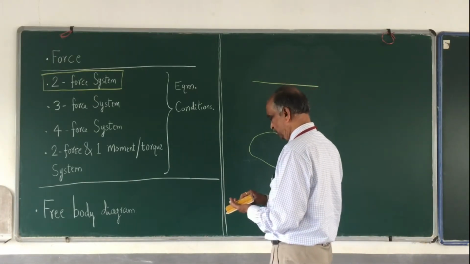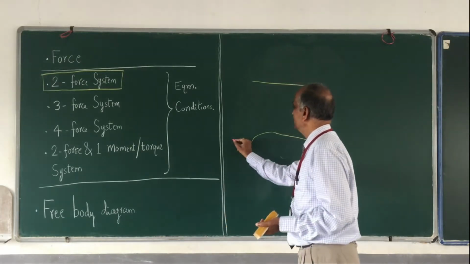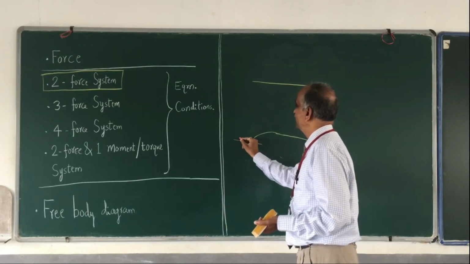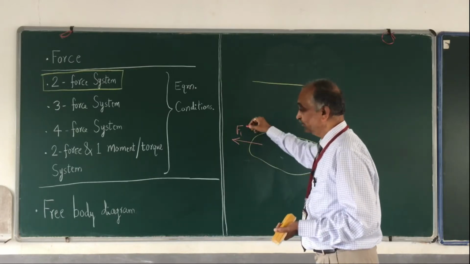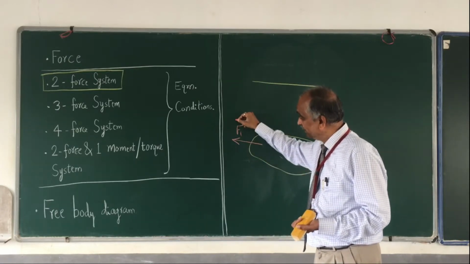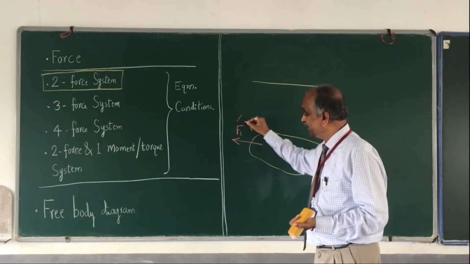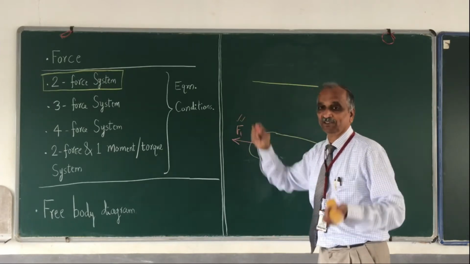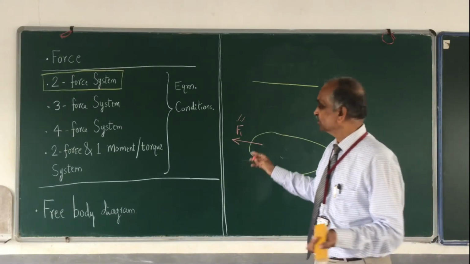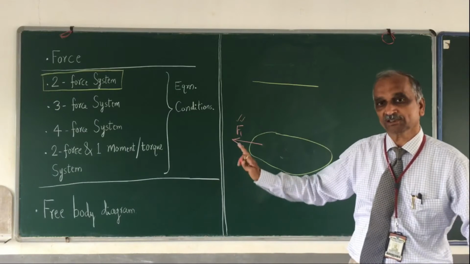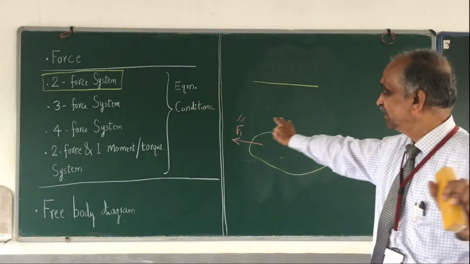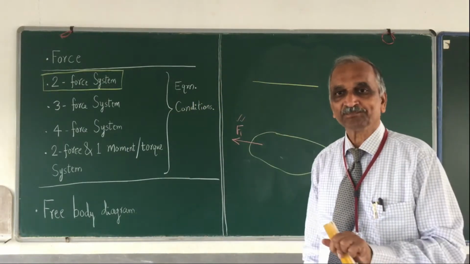to say two forces. Let me take this case, and say I have one force, say F1. What are the things I know about F1? I know magnitude, and I also know direction. I also know line of action, or in other words, the point through which the force passes. All the things. That means this force F1 is known completely.